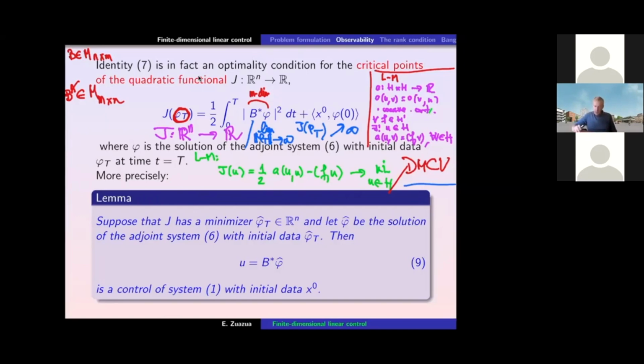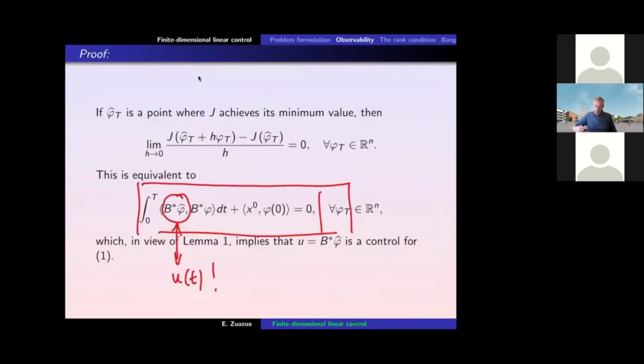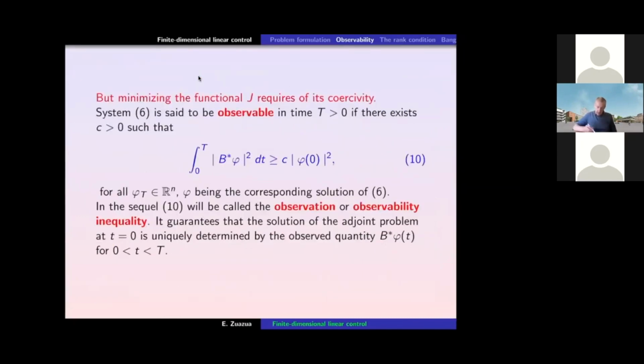What does coercivity mean? Coercivity simply means that the quadratic term has to dominate the linear term. That's all. And this, of course, because we are in the context of a linear finite dimensional system, is the same as saying that the quadratic form is able to dominate the norm of the initial datum at t equals 0 or at t equals capital T. Why?